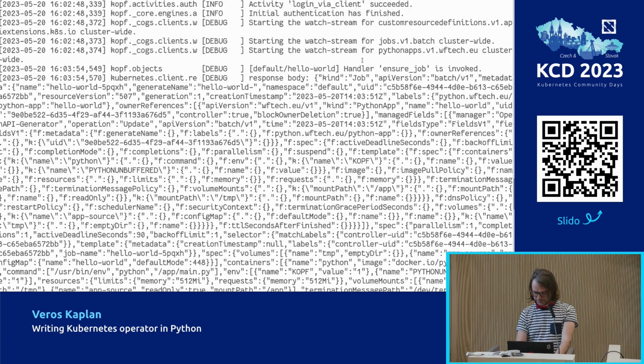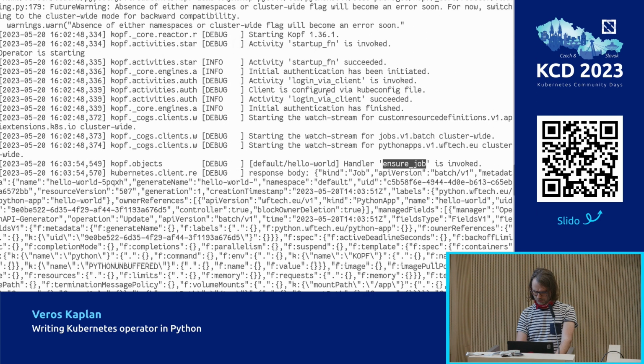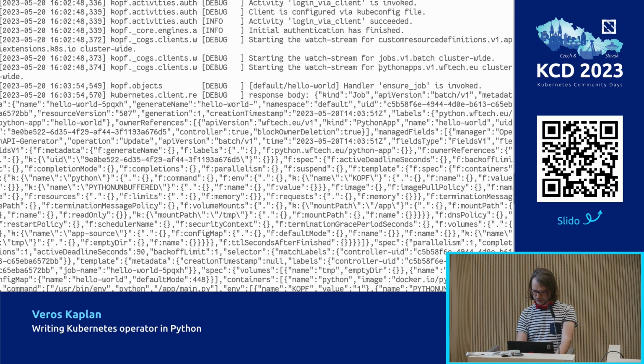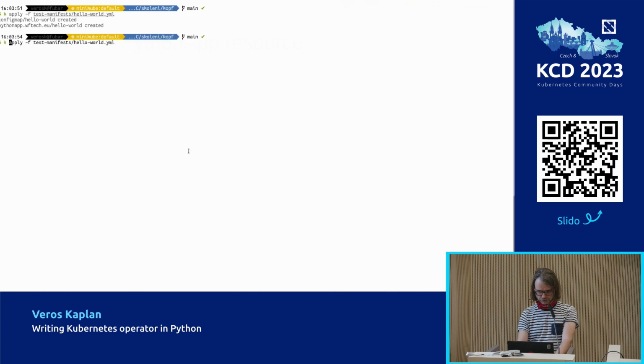wakes up. It says well, here is some new object named Python app started. And what happens next? You can see Python app exists. Kube control get Python app.